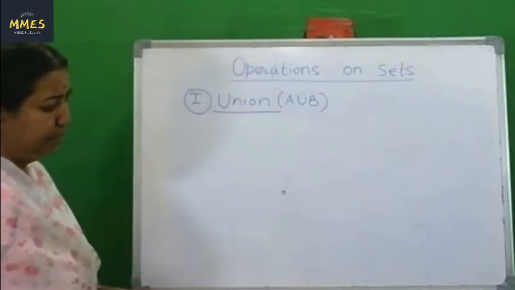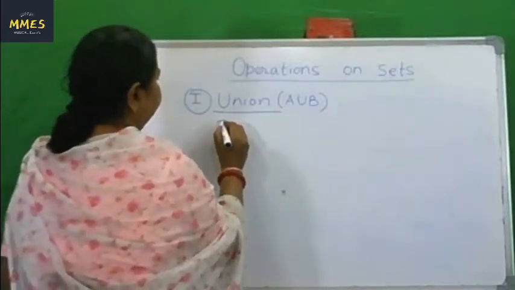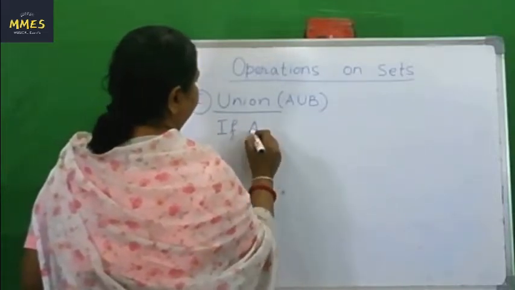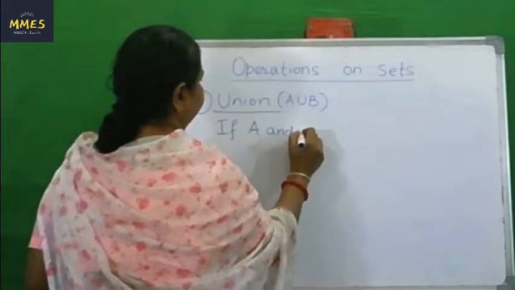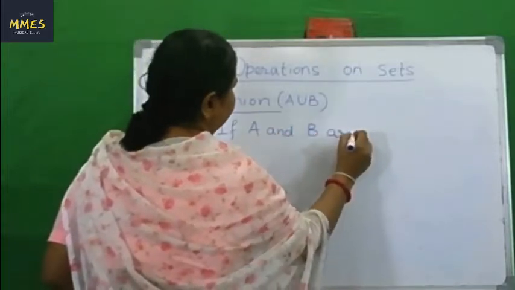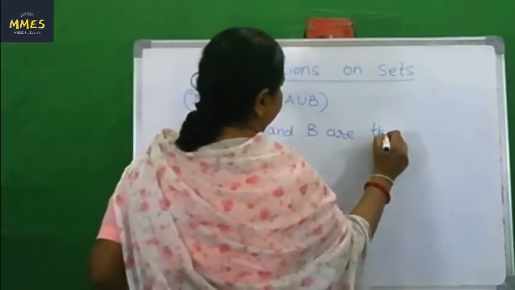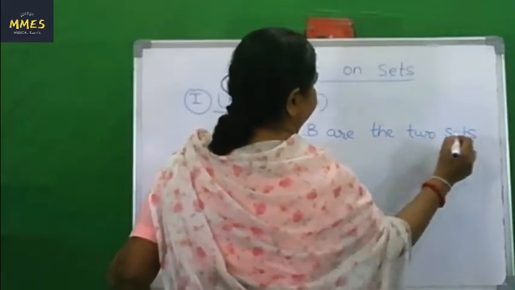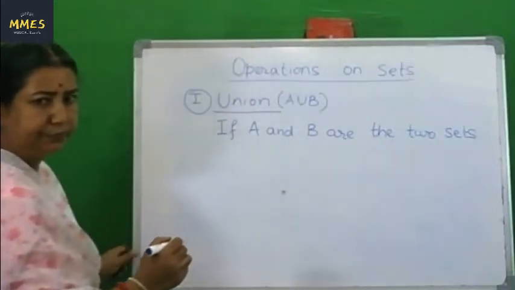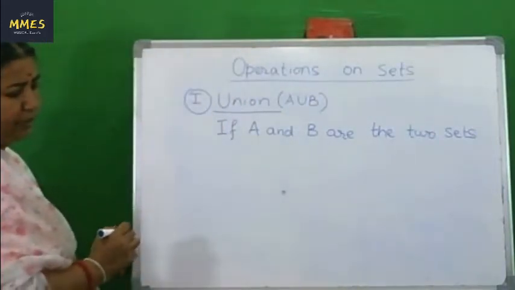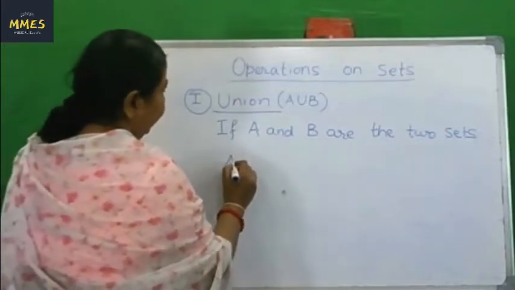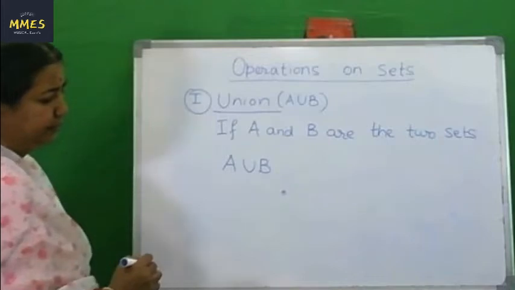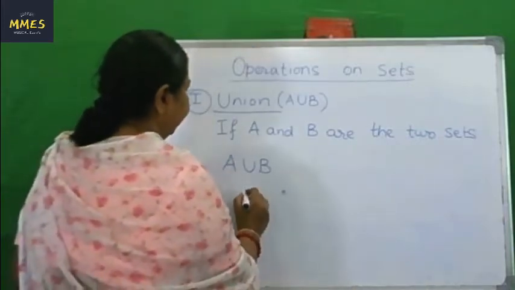If capital A and B are the two sets, then A union B is a set represented by the shaded region.